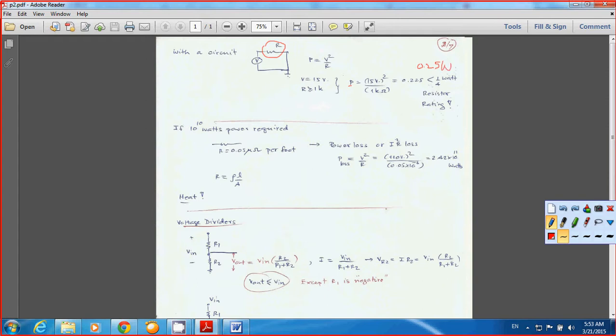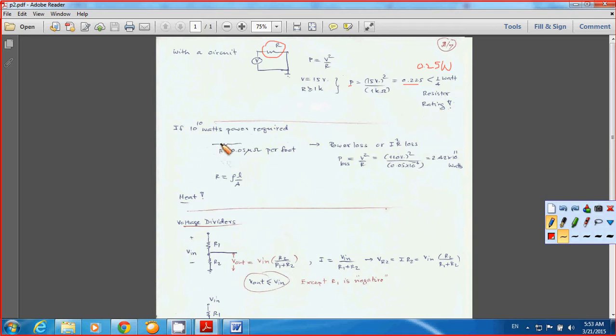You cannot exceed 0.25 watt across R, so it's always less than 1/4 watt, the resistor rating.